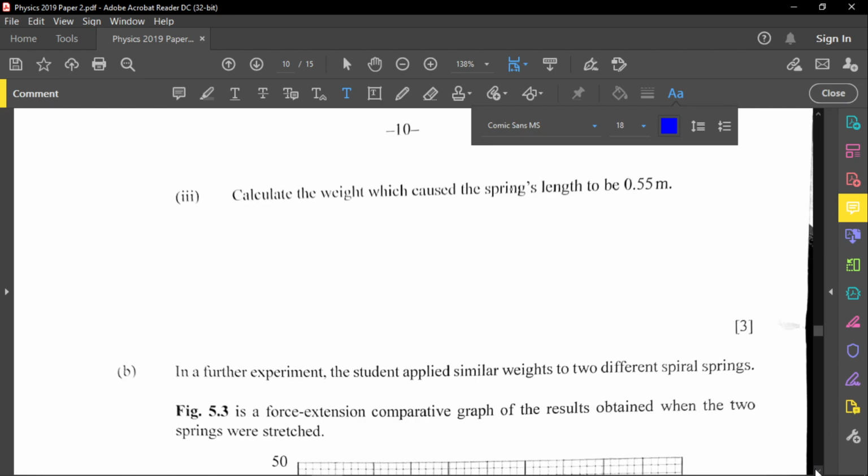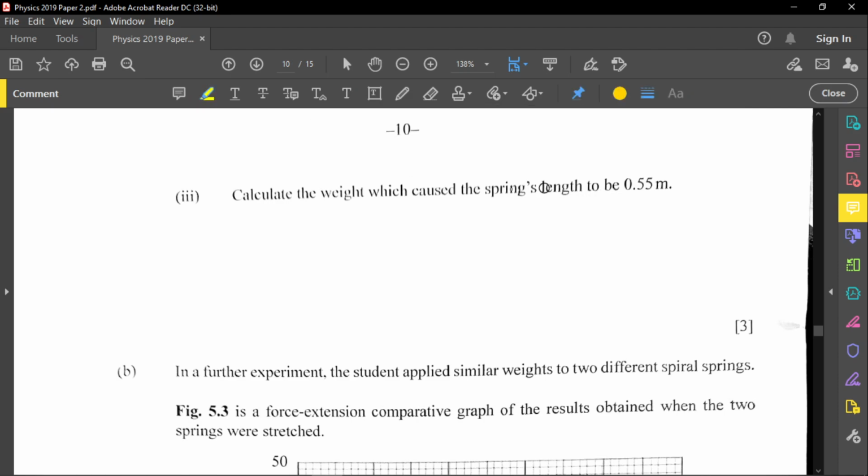So life becomes easy now. Watch this. The entire spring length they're talking about here is 0.55 meters.